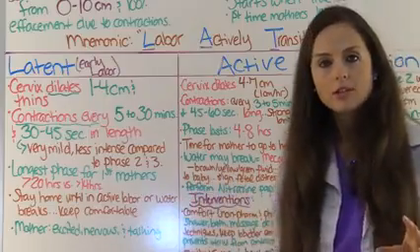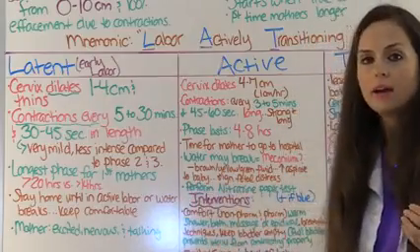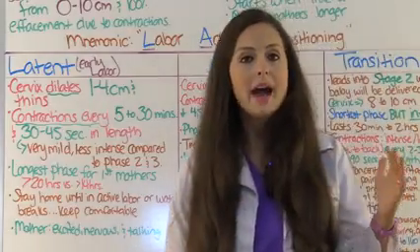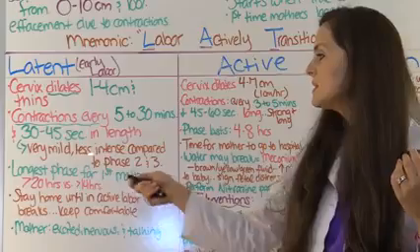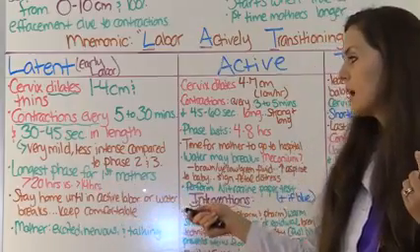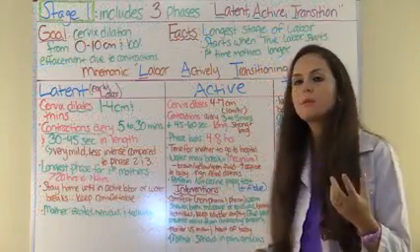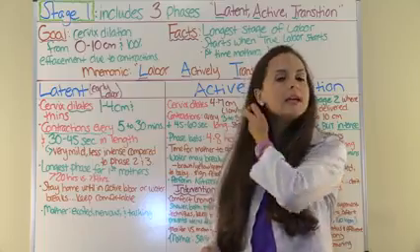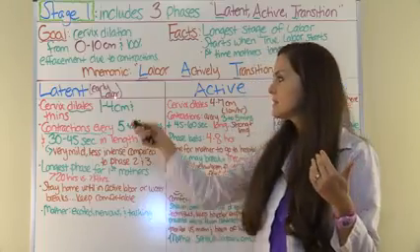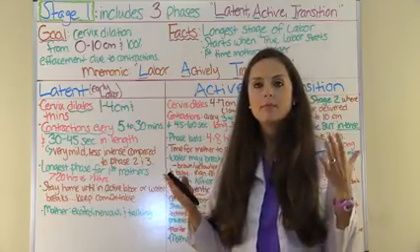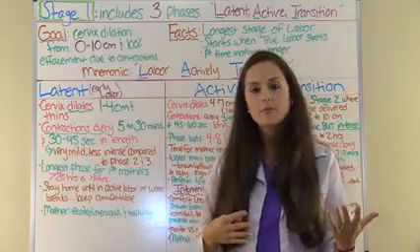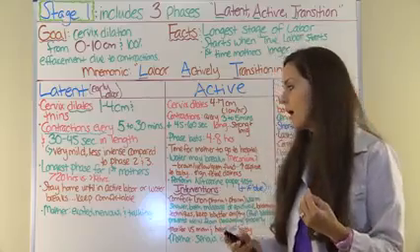Now, these contractions are going to be very mild compared to what will be happening in the active and transition phase. And this phase is longest for first-time mothers. And sometimes women may not even know that they're in the latent stage of labor because the contractions may be mild. They may just have pain in their back, and so they really don't know.